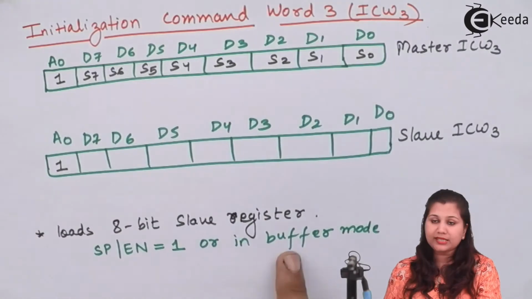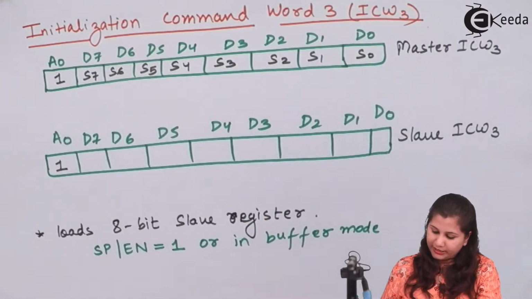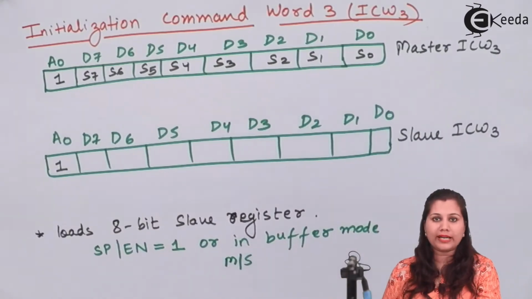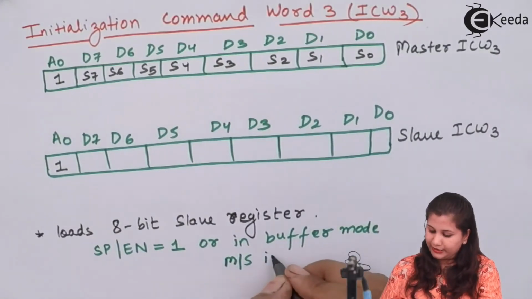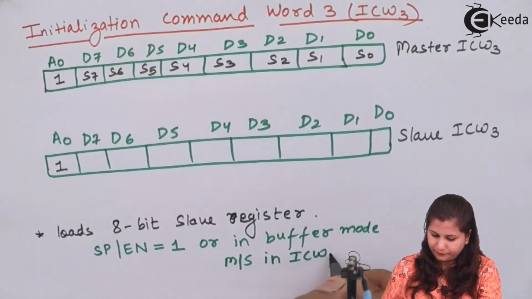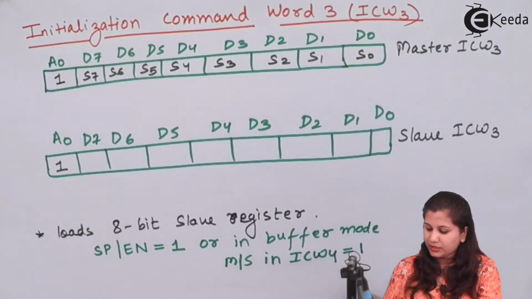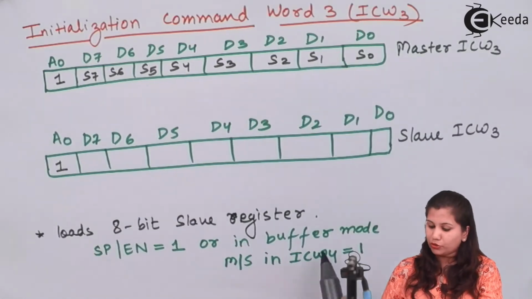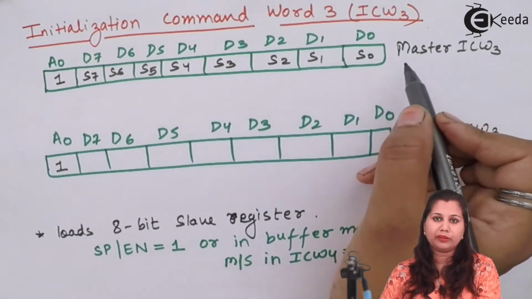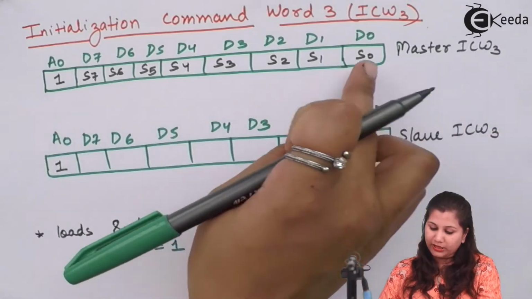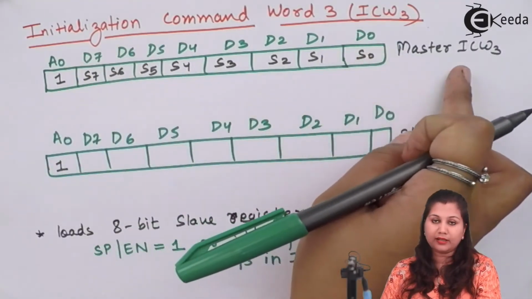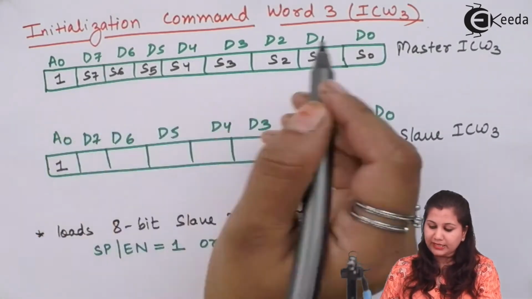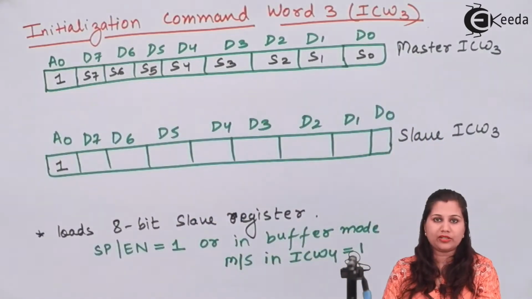Okay, now whether the master mode will be executed depends upon the M or S line in the ICW4. When this line is 1, then the 8259 is working in the master mode, so this master ICW3 will be selected. Now these 8 bits of this master ICW3 represent the 8 bits of the slave register.